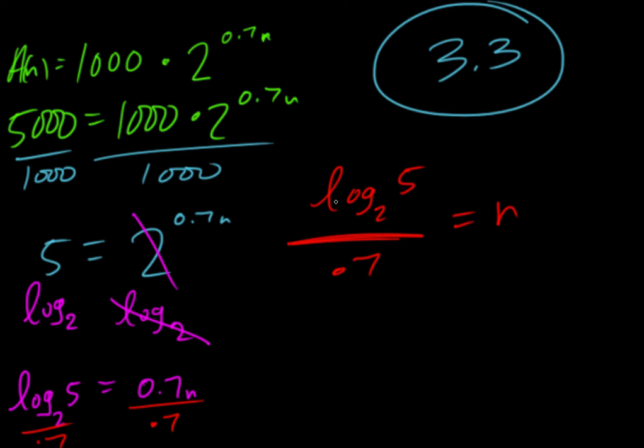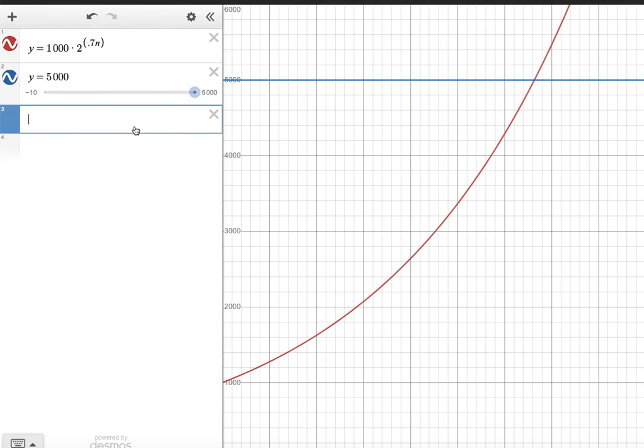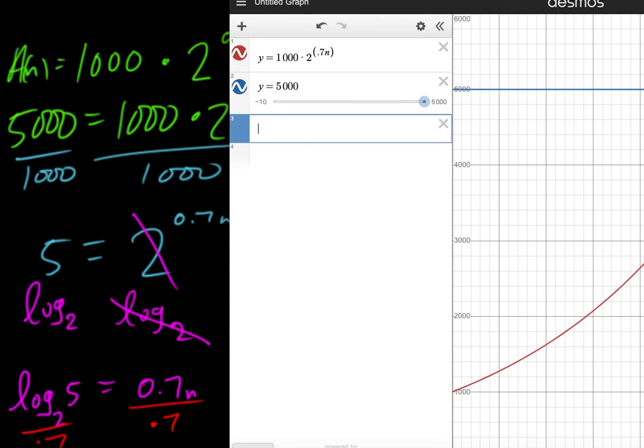So to find the value of the top, we're going to do natural log of 5 over natural log of 2. Then we're going to take that answer and divide by 0.7. Now what we're hoping is that that is somewhere close to 3.3. So let's just type it in here. I already forgot what we had.